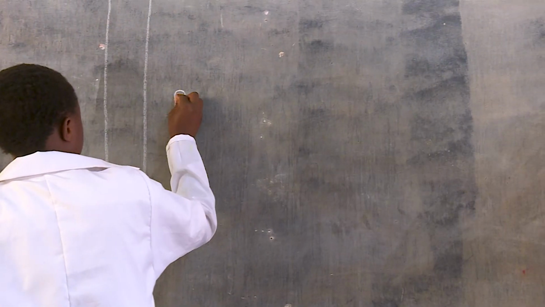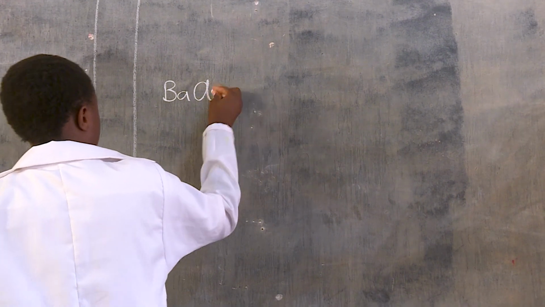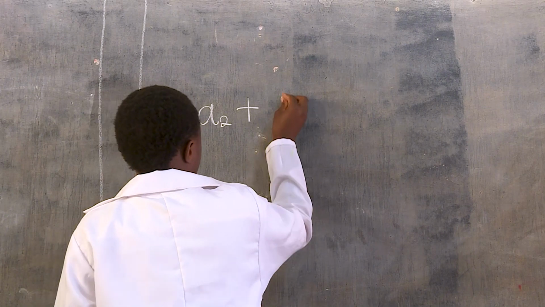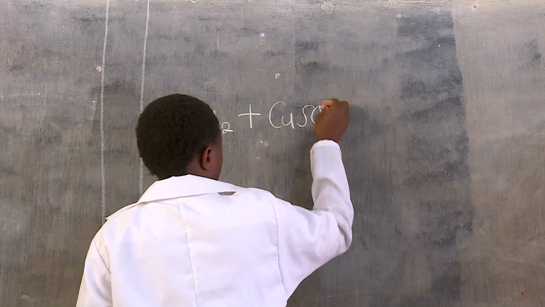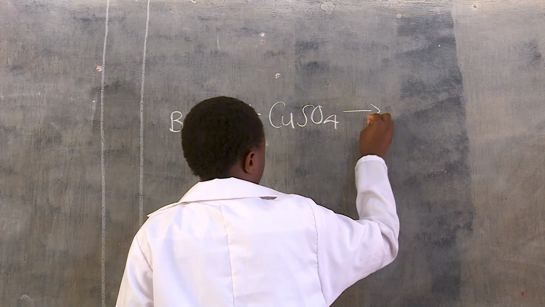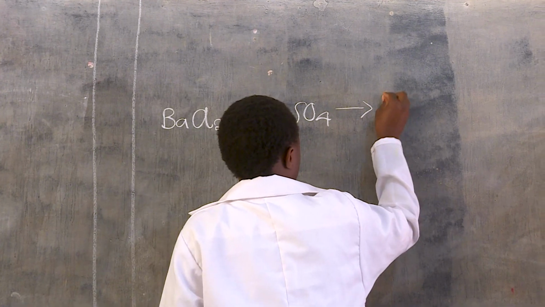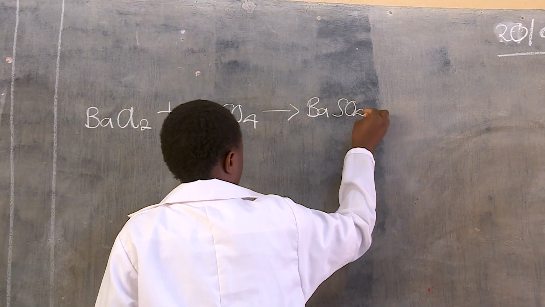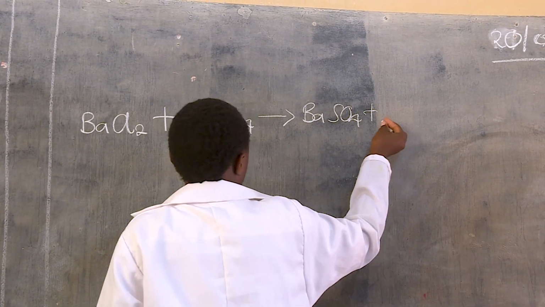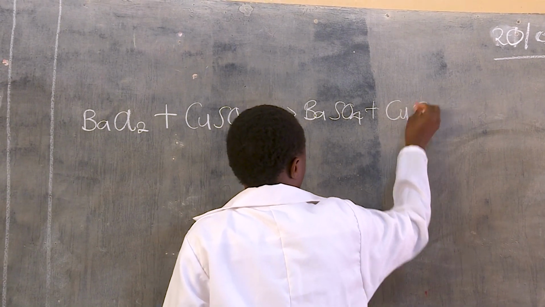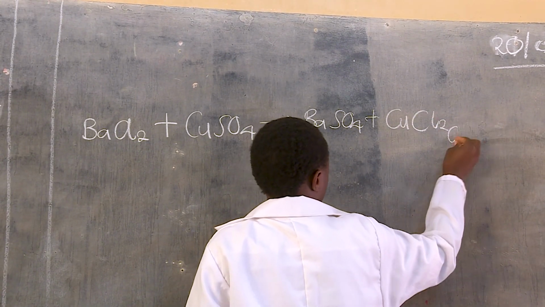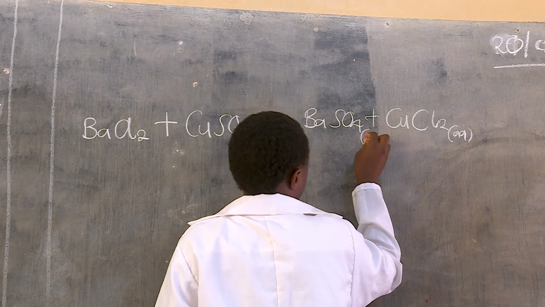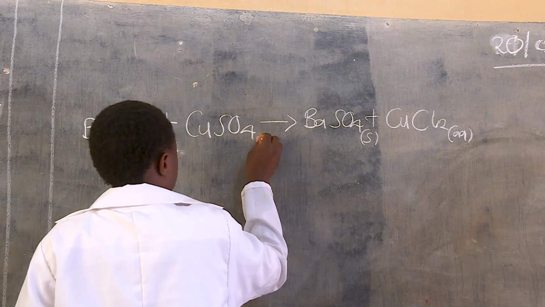We can write barium chloride plus copper 2 sulfate, CuSO4, gives barium sulfate. Sorry, then aqueous.